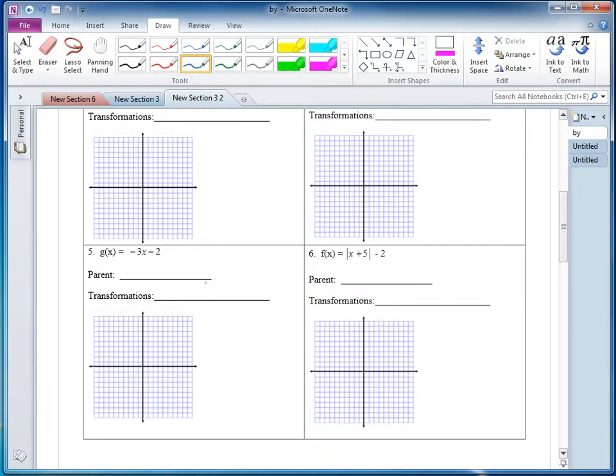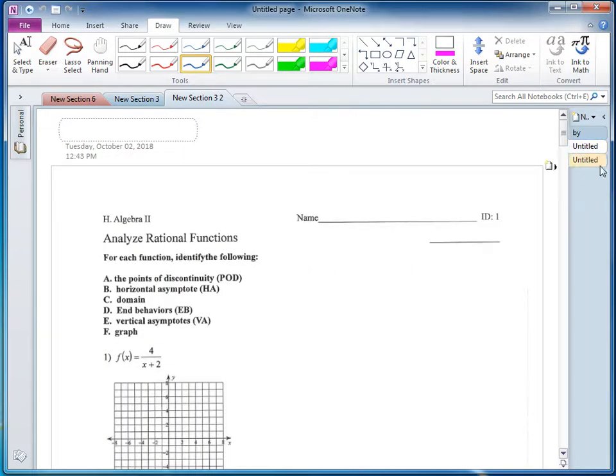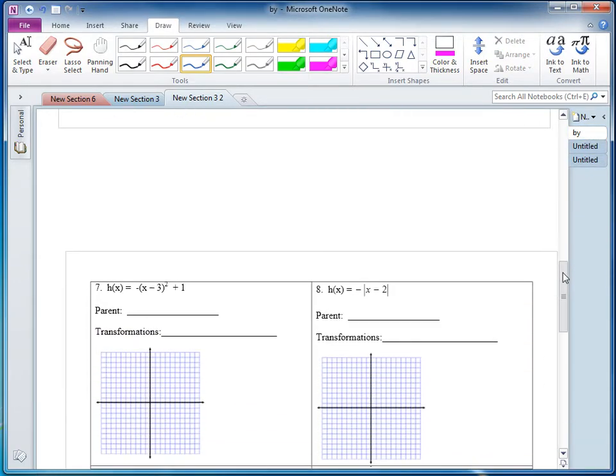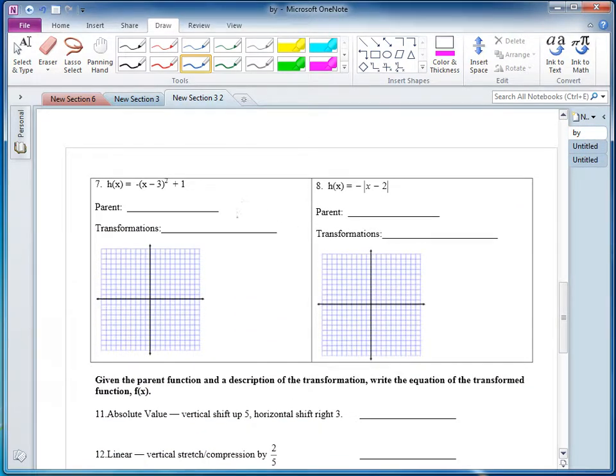Number 5, what is the parent function? Y equals x, linear function, degree 1, linear function. Number 6, y equals absolute value of x. Have you learned absolute value function in Algebra 1? Yep, V-shaped function, that's right. Okay, and then next page, number 7, what is the parent function of h of x?